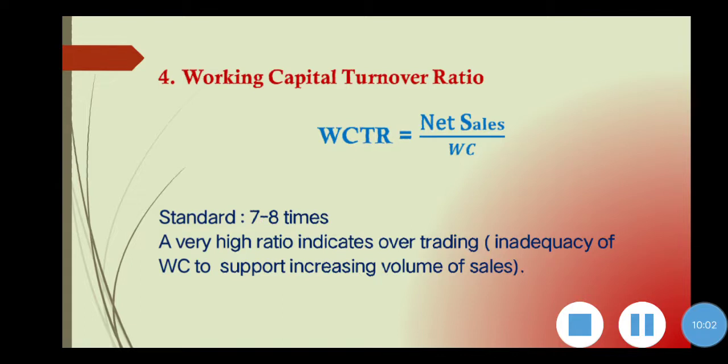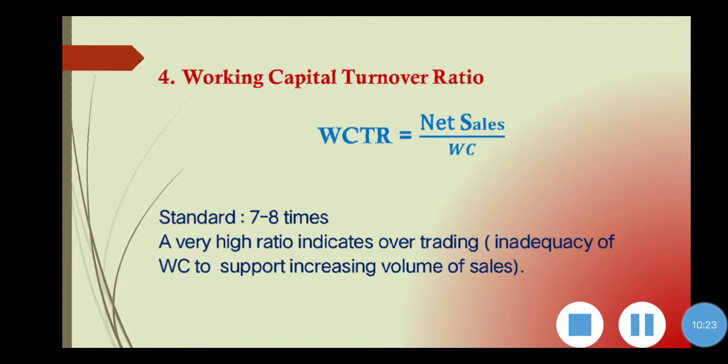Over trading means what? You are trading your business beyond your capacity, means your cash flows and your working capital position are weak, or the company is facing stress and strain because of the shortage of working capital.